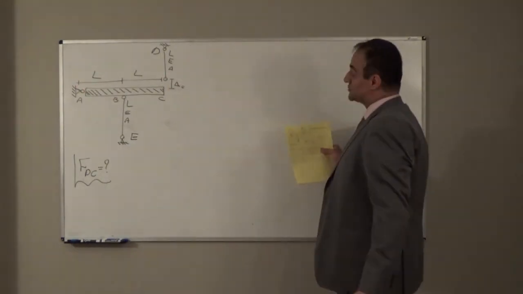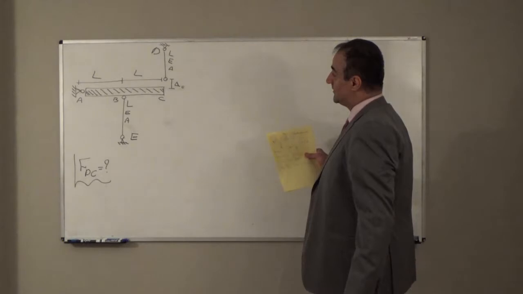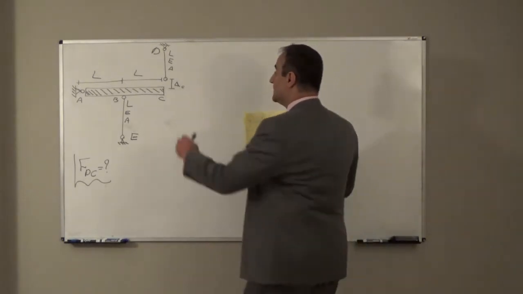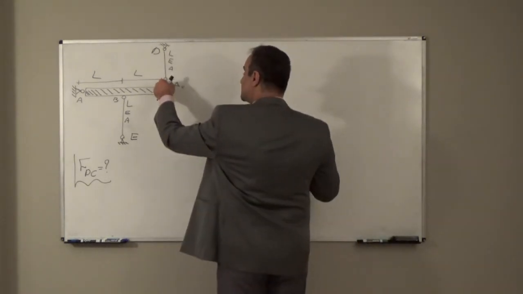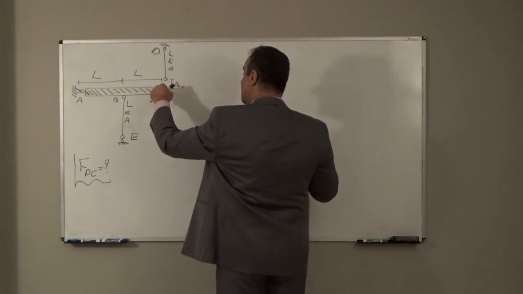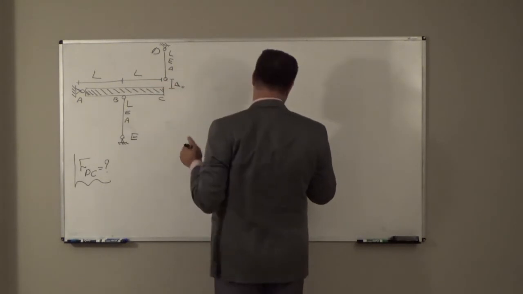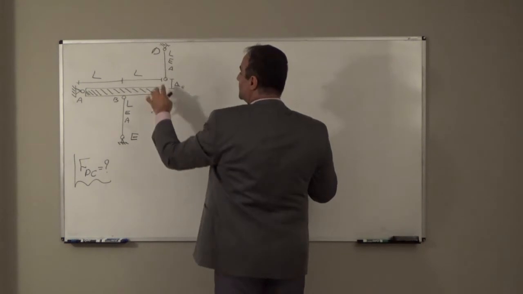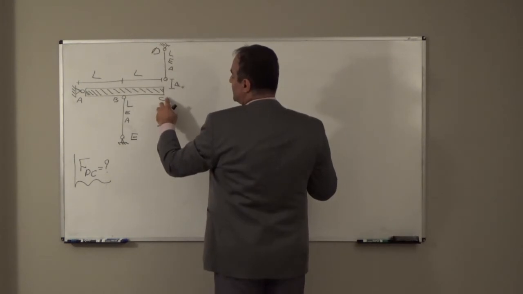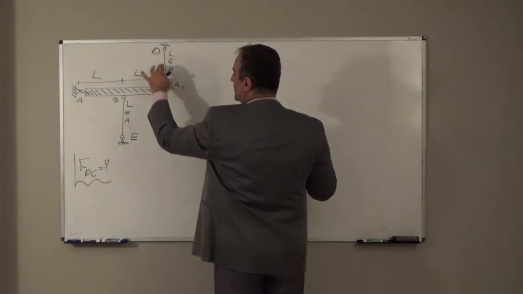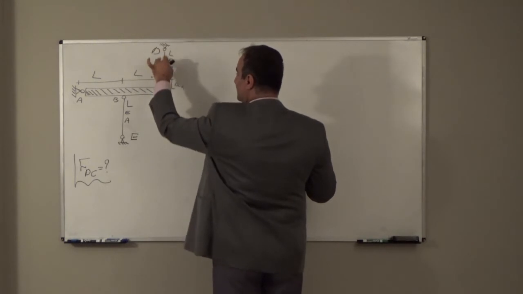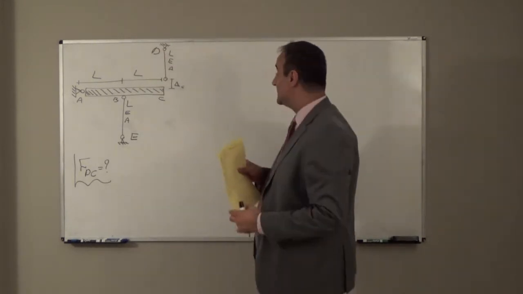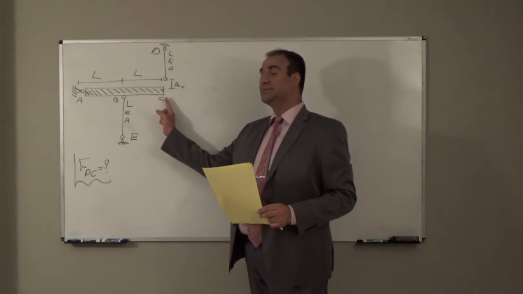So if I pull down this member DC and then attach it to point C and release it, what will happen? We will have elongation in this member, and point C will go up. A little bit we will have elongation in member DC, and a little bit point C will go up.